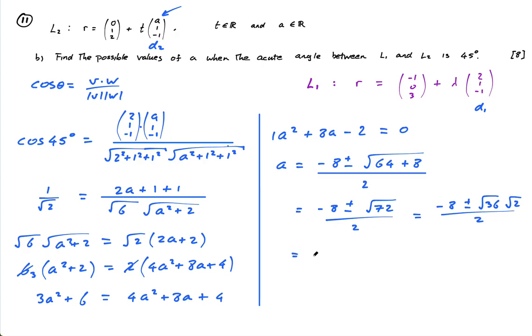Then this is equal to minus 8 plus or minus 6 root 2, all over 2, and now I can divide by 2: minus 4 plus or minus 3 root 2. The question said find the possible values of a when the acute angle between L1 and L2 is 45 degrees. These are the possible values for a: minus 4 plus 3 root 2 and minus 4 minus 3 root 2.